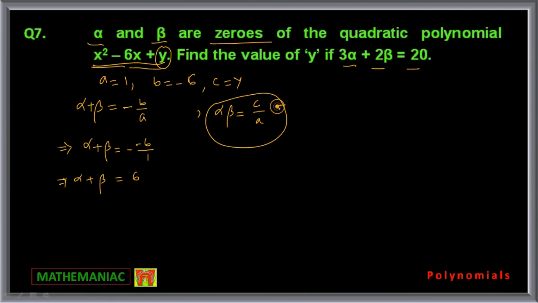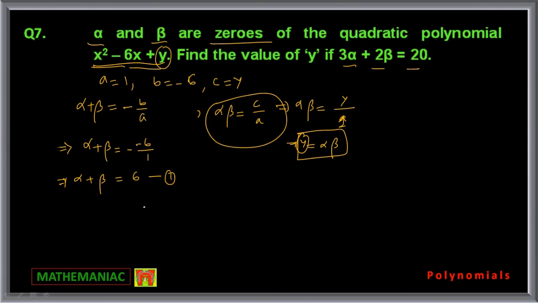Anyway, I'll keep it ready because ultimately we'll be needing it. Alpha beta will be written like this only. c is y and a is 1. So y is nothing but alpha beta. Once you get alpha and beta, you can find the product, which is nothing but y.